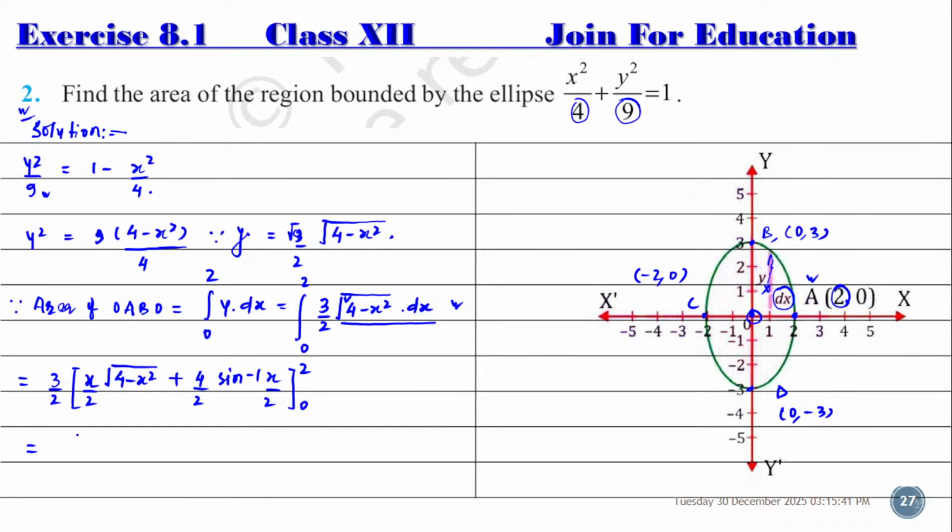When we remove the limit, then we write here 3 by 2.